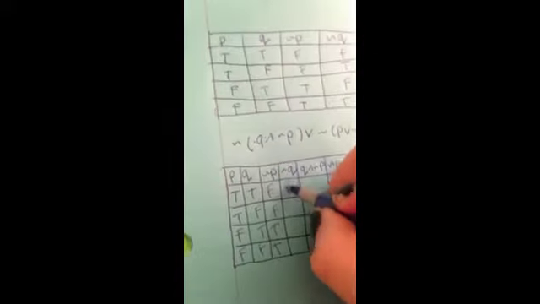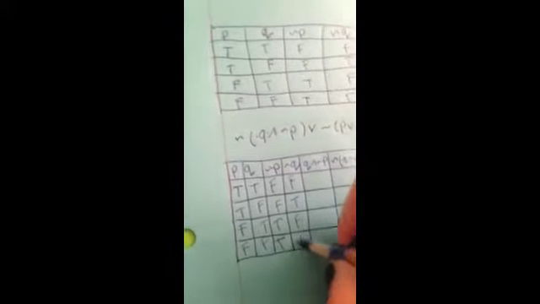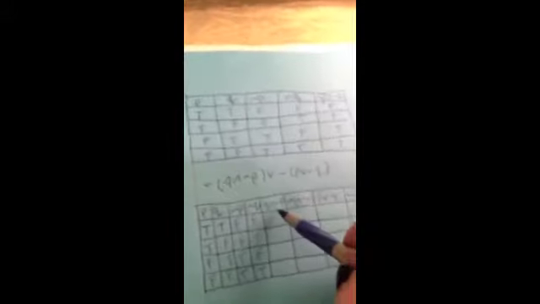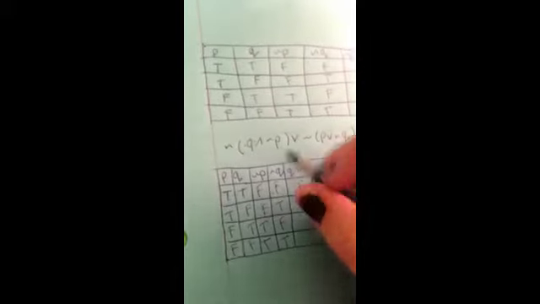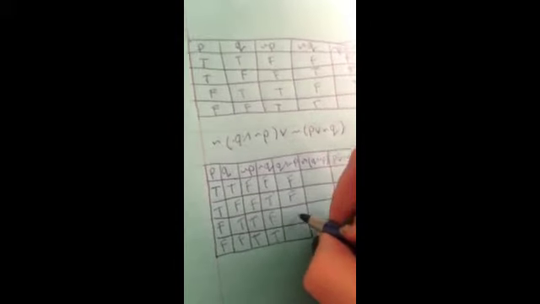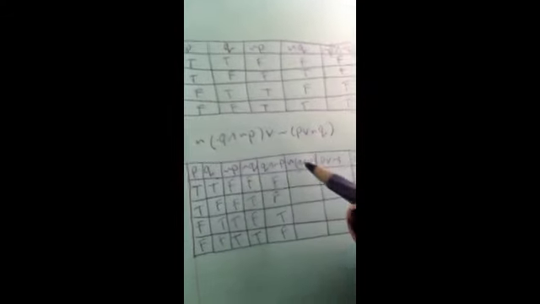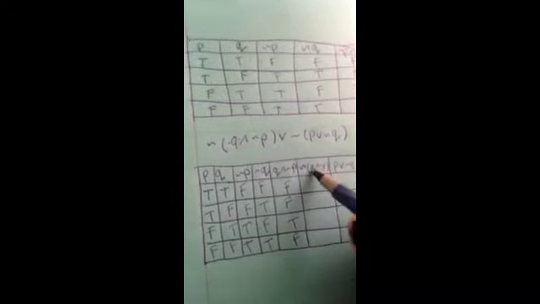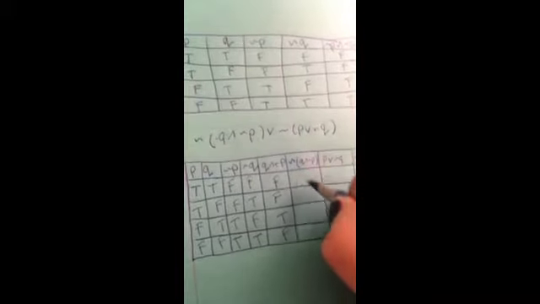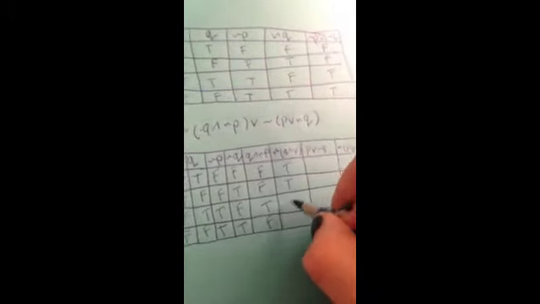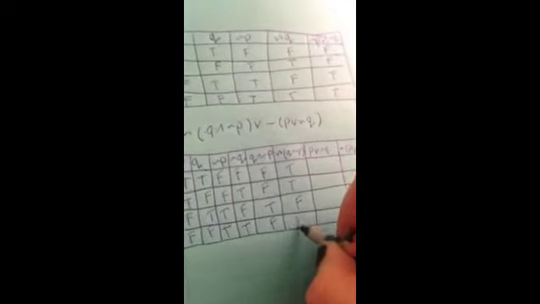Not Q, false, true, false, true. Then you take the and of your Q and not P. So you have false, true, false, false. Then you take the not of this one, which is the opposite, so it's going to be true, true, false, true.